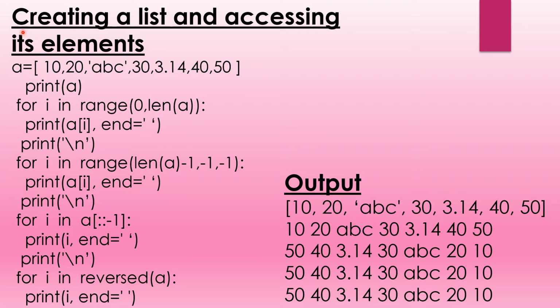Now let us understand creating a list and accessing its elements. Here a variable is given and assigned some values. Next it is written print a. In the output, everything inside a will be printed. Now, for i in range 0 to length of a.